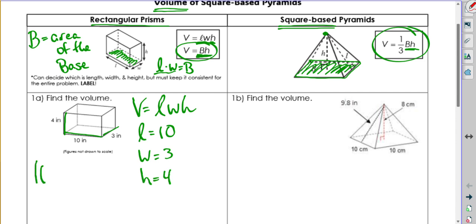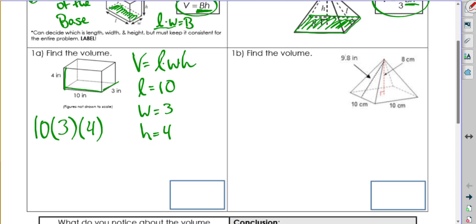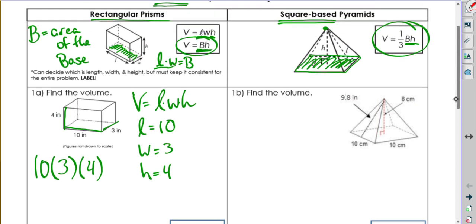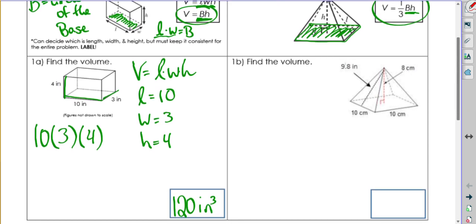So we'll do 10 times 3 times 4 to find out that that has a volume of 120 cubic inches. Hopefully that feels like review. You're just multiplying length times width times height.